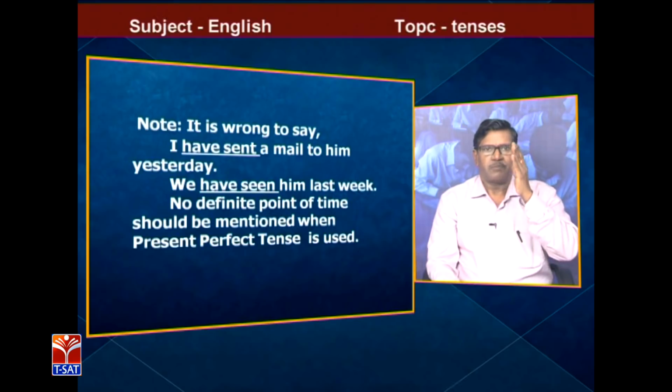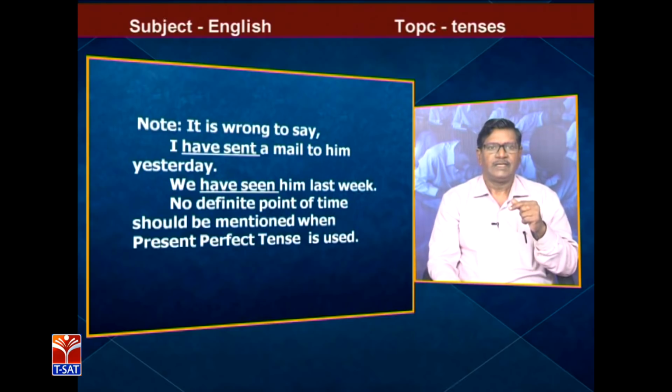A definite point of time should not be mentioned when we are using present perfect tense. If we have to mention a definite point of time, then we have to use simple past tense, but not present perfect tense. I sent a mail to him yesterday. We saw him last week. We have seen him last week is not a correct expression.